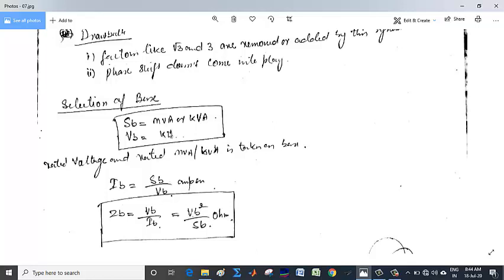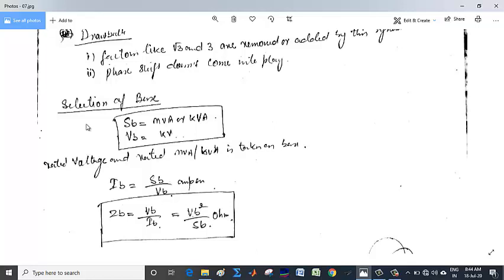So SB is the MVA rating of the system or any equipment, and VB is the rated voltage of the equipment, and they are deliberately taken to be the base values. It becomes very simple. If we take any other base, we can use that also, but we cannot compare it with the actual value. But it is advantageous to take the ratings of the machine as the base value.